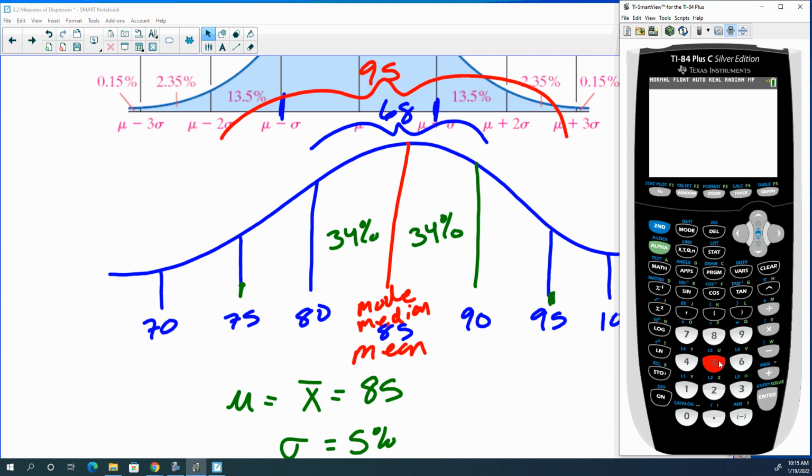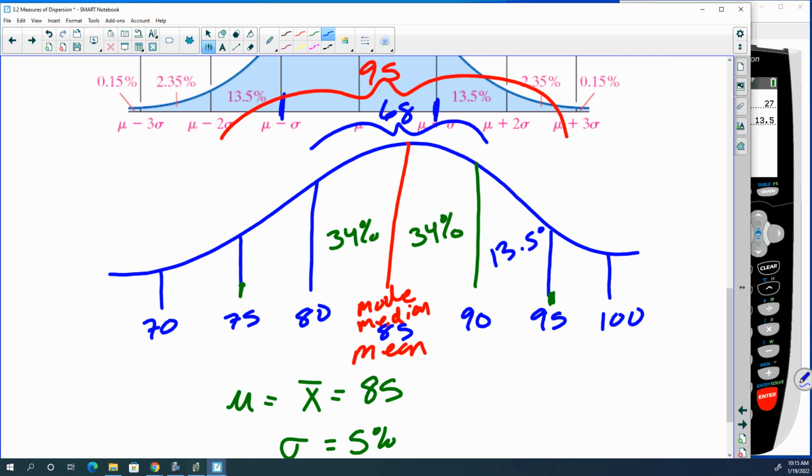That's 27, and I divide that by 2 because half of the data is going to be on the left, half on the right. So I would expect 13.5% of the class to have a test score between 90 and 95, and 13.5% to have a test score between 75 and 80.